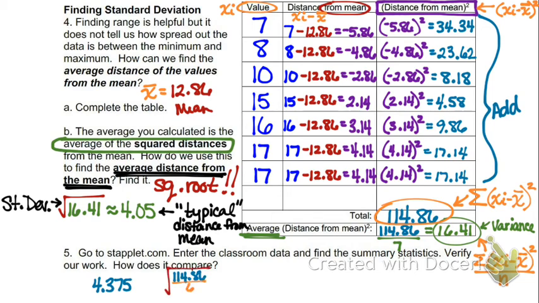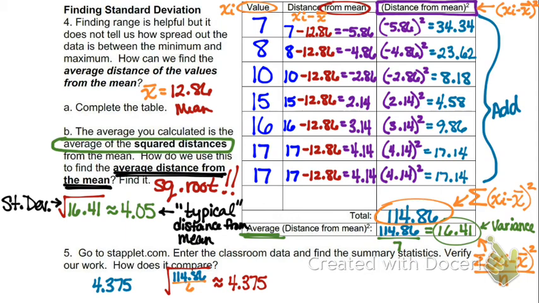And then I want you to square root that result and tell me what you get. You said 4.375? So they were dividing by 6. We divided by 7. Why did we divide by 7? We had 7 groups, right? They divided by 6 because of something.